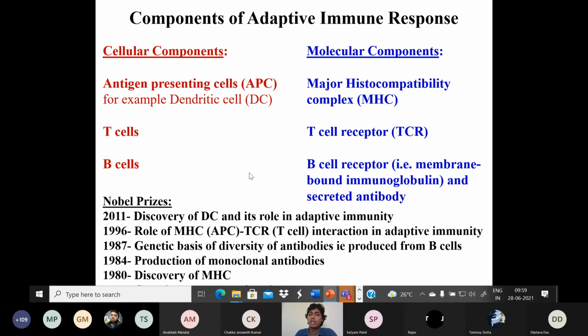Like this is actually core of our immune system, or this is the major thing. That's why we are protected, and that many Nobel Prize they just received it because of their contribution regarding MHC, T cell, and B cell. Okay.